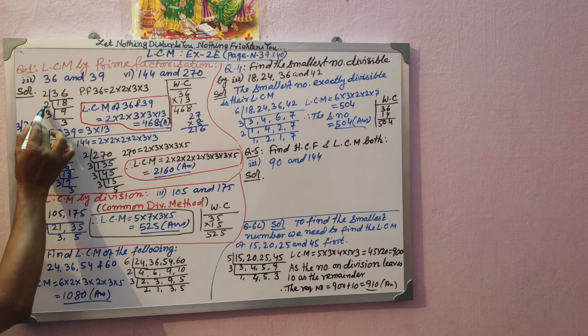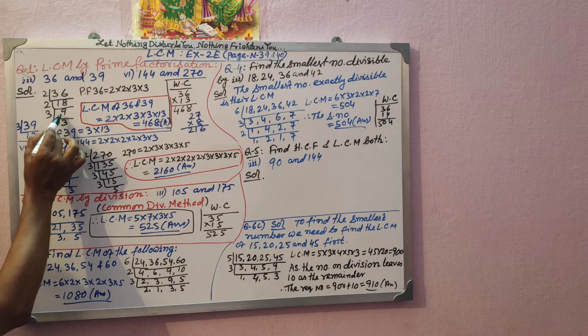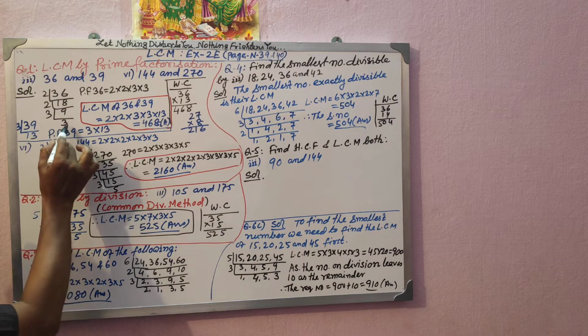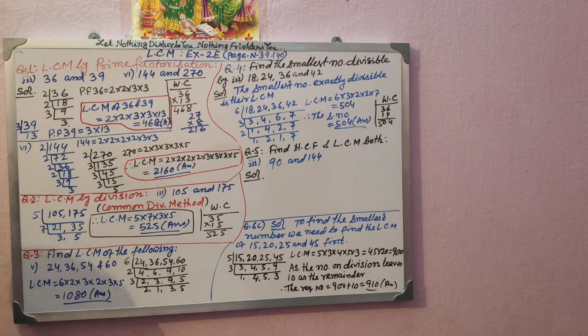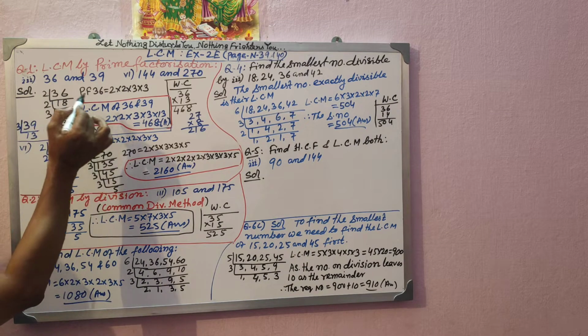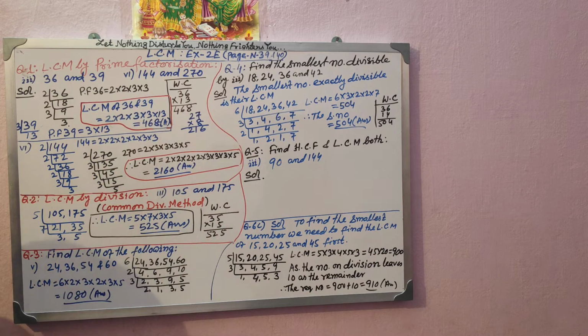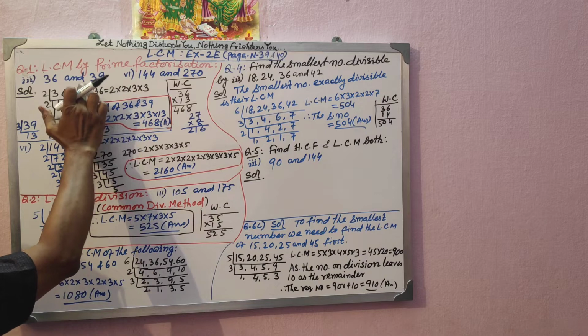Again 18 divided by 2 becomes 9. 9 will not go with 2 because it is an odd number, but 9 can be divided by 3, giving 3. When the last prime number comes, your division is over. So 36 can be written as 2 into 2 into 3 into 3.